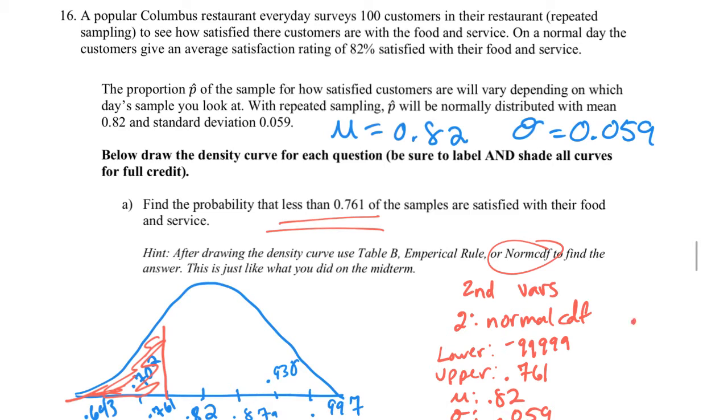And we find that it's 0.159, which is 15.9%. If you want to write it as a percent, either one works.